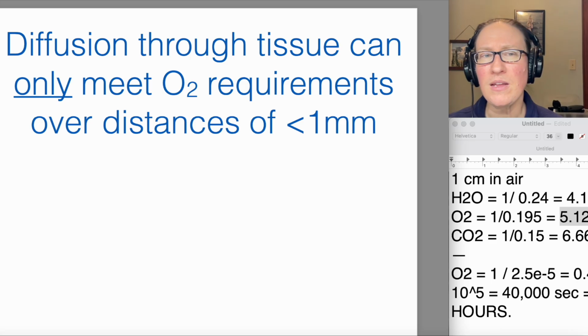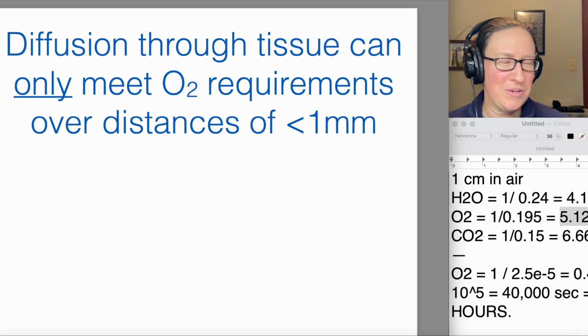If you do some more extensive math, and physiologists have done this for us, the general conclusion is that diffusion through a tissue can only meet oxygen requirements across distances that are less than around 1 millimeter. Even 5 seconds is a pretty long time for something to move.